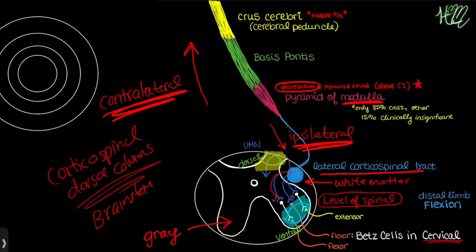Now I'm mentioning this here, but we're going to talk about the spinal tracts and the corticospinal tract again in detail. I'm mentioning this here so that you know there's a difference between an ipsilateral response, a contralateral response, an upper motor neuron response, and a lower motor neuron response. When I talk about contralateral versus ipsilateral, that is always, always, always referring to the decussation.